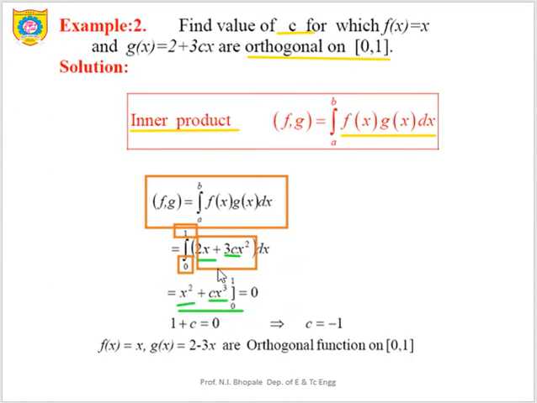After solving the integral, the next task is to apply the limits, 0 to 1. Put the value of x equal to 1 first, minus the value at x equal to 0 later on. x equal to 1 gives 1 square, so 1, plus c into 1 cube, which is c.